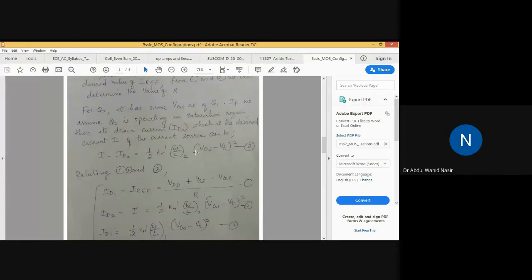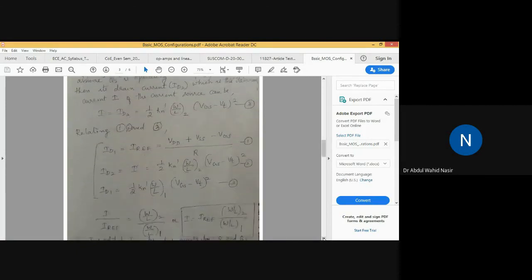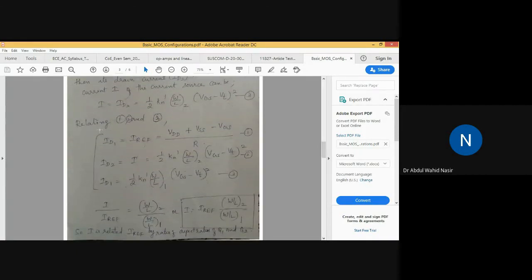The third equation is I is equal to ID2 is equal to half Kn dash into W by L suffix 2 (VGS minus VT) whole square. So all these three equations have been written in a single place, whatever equations we have seen for that mirror circuit.